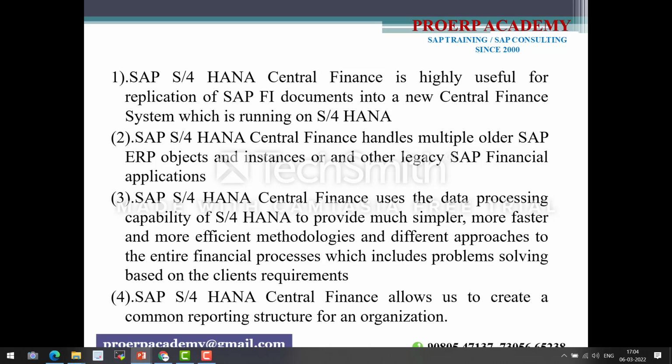And the fourth important point is SAP S/4HANA Central Finance allows us to create a common reporting structure for an organization. The first and foremost purpose of learning this central finance application is that it allows us to create a common reporting structure for an organization.